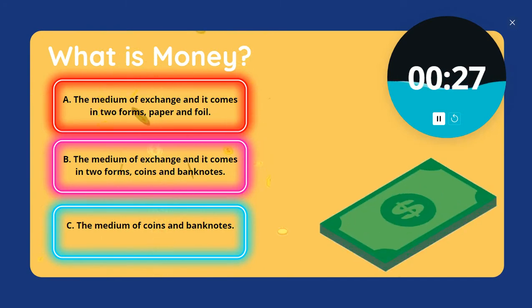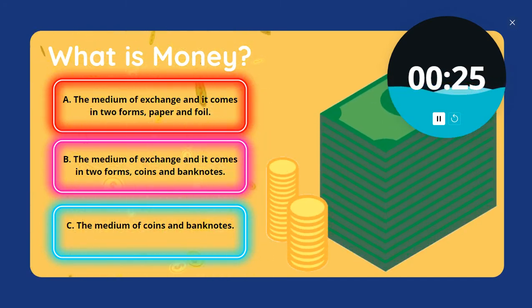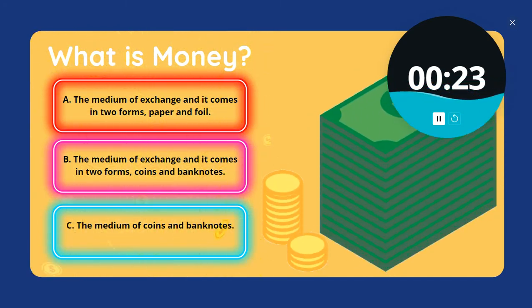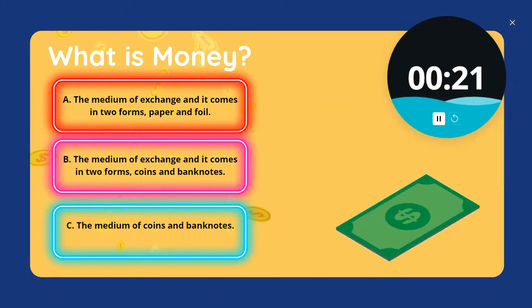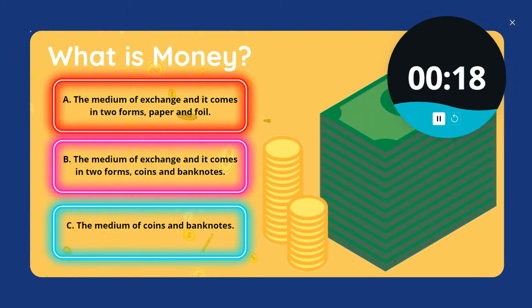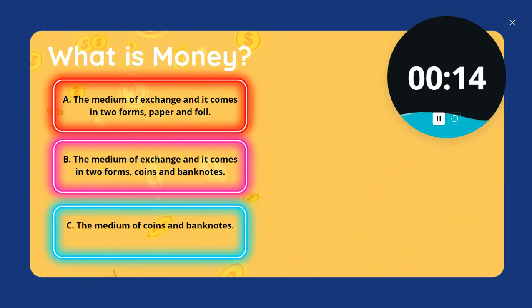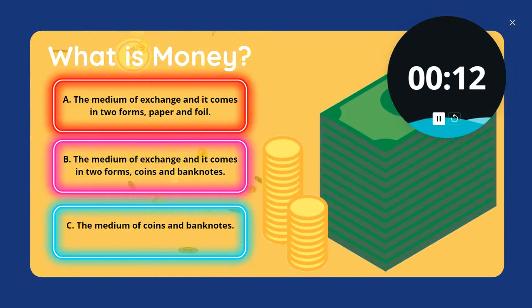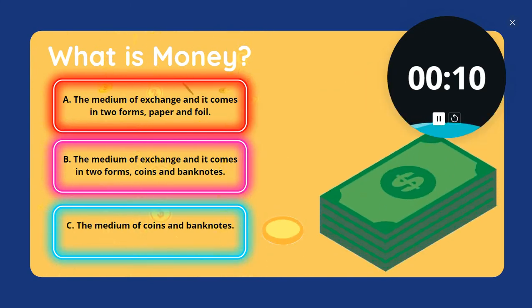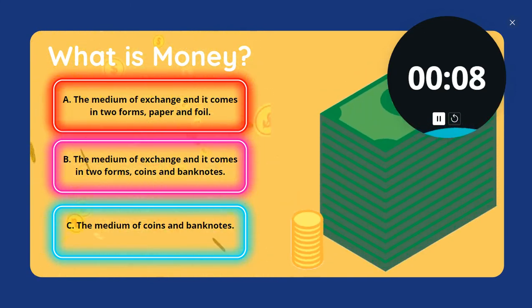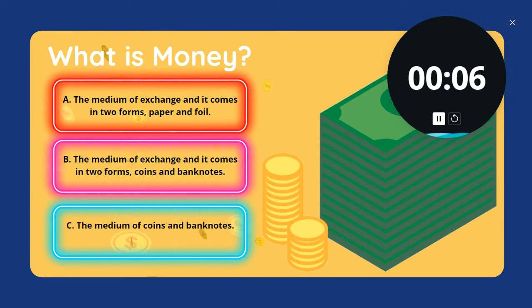So again, what is money? A, the medium of exchange, and it comes in two forms, the paper and foil. Or B, the medium of exchange, and it comes in two forms like the coins and banknotes. Or C, the medium of coins and banknotes.